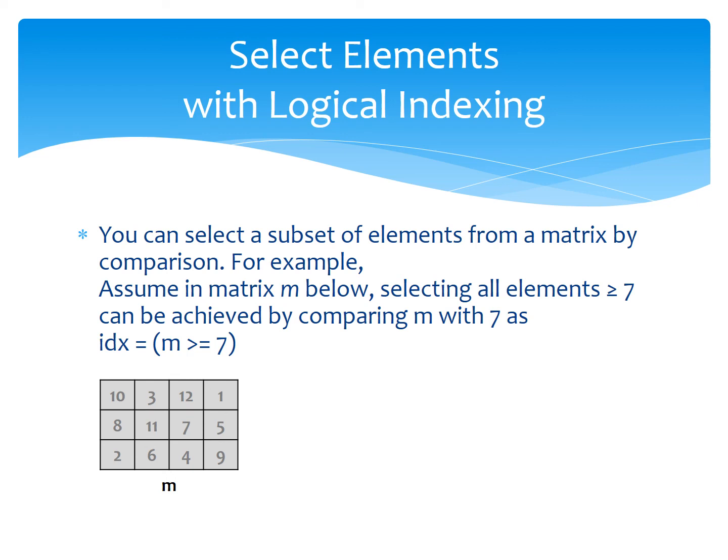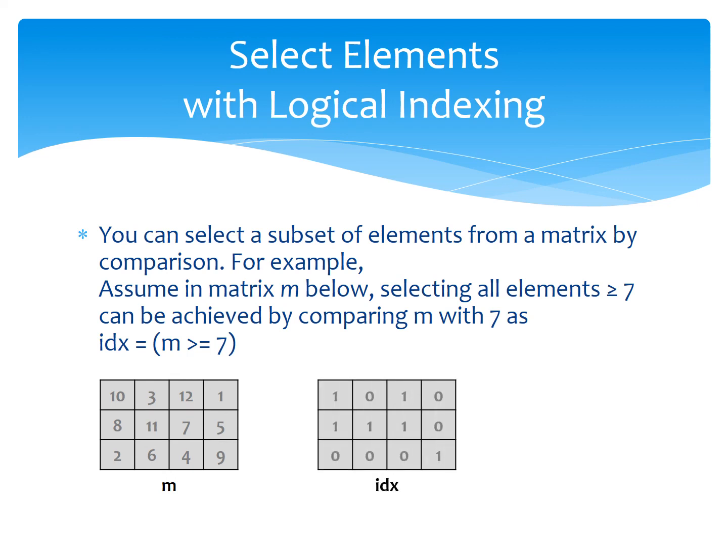The comparison will result in a logical matrix as shown on the right, where 1s indicate true and 0s indicate false. If we store the produced logical matrix in a variable idx, we can use idx as an array index to retrieve all elements that are greater than or equal to 7 in the matrix M.